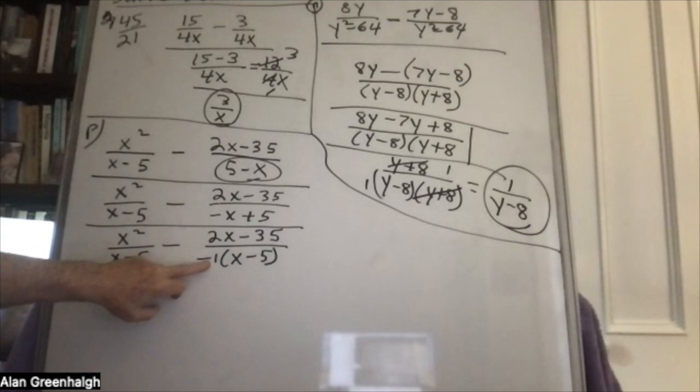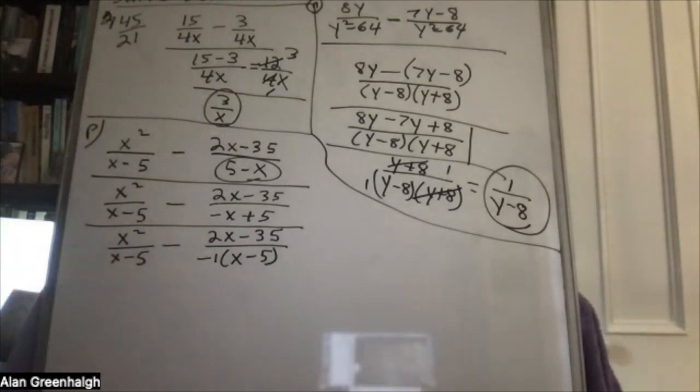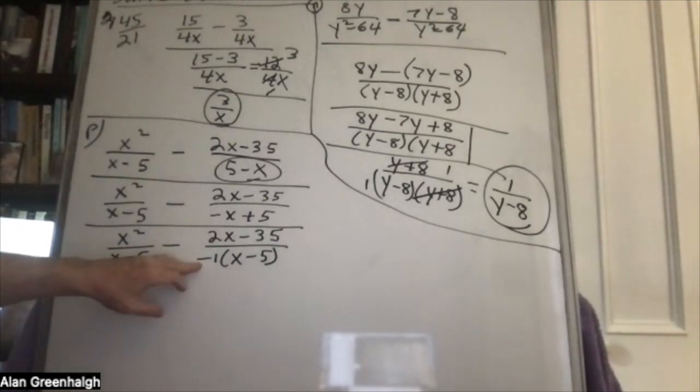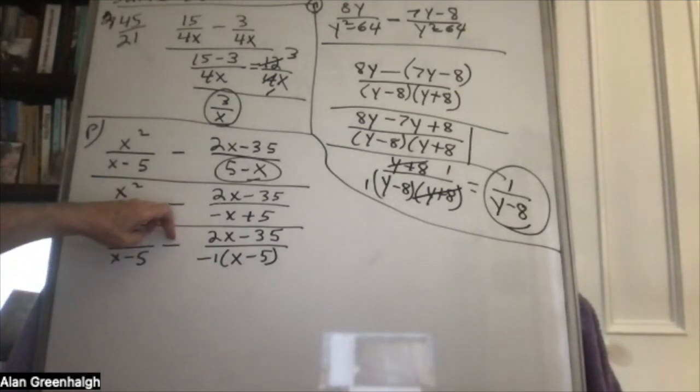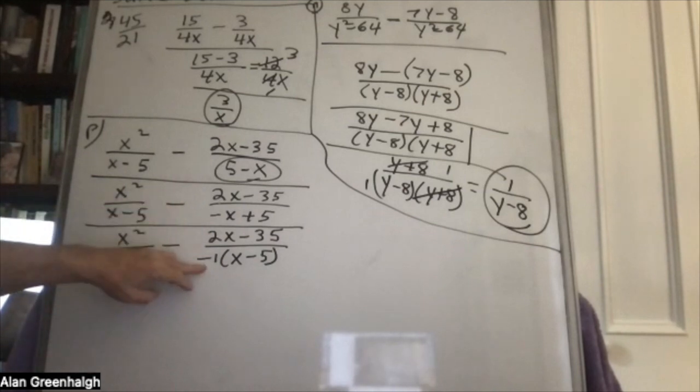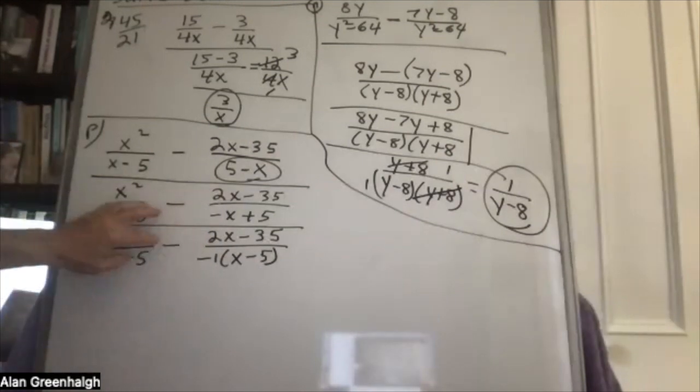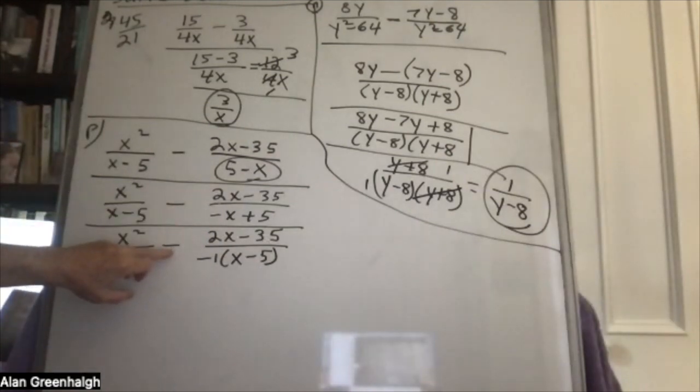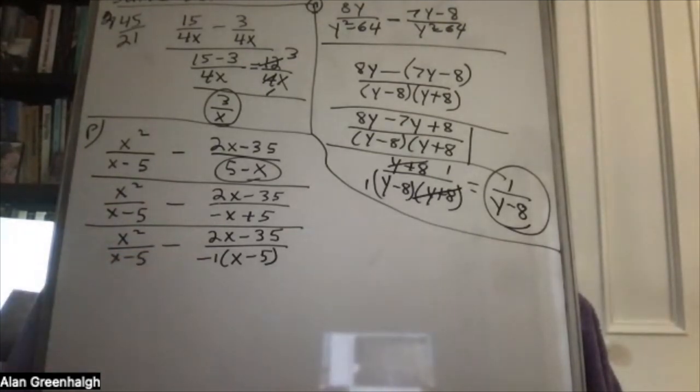Negative 1, what do you want to do with that? Normally, we would take it and put it over there. You know how we've been doing that? We like to put it, instead of in the denominator or the numerator, there is a sign already there. So any suggestions?